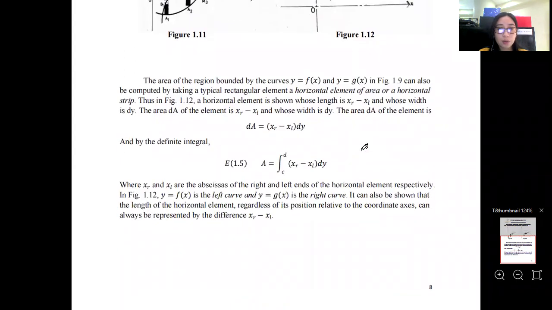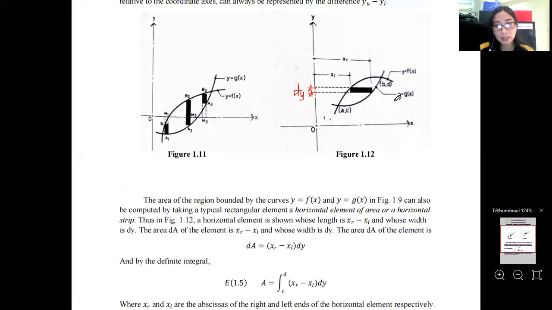Okay, so using the definite integral form, we have area is equal to the integral of x sub r minus x sub L times dy from C to D.